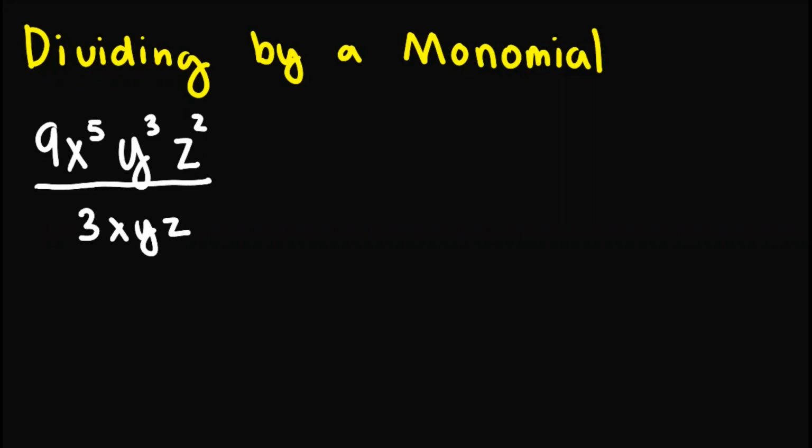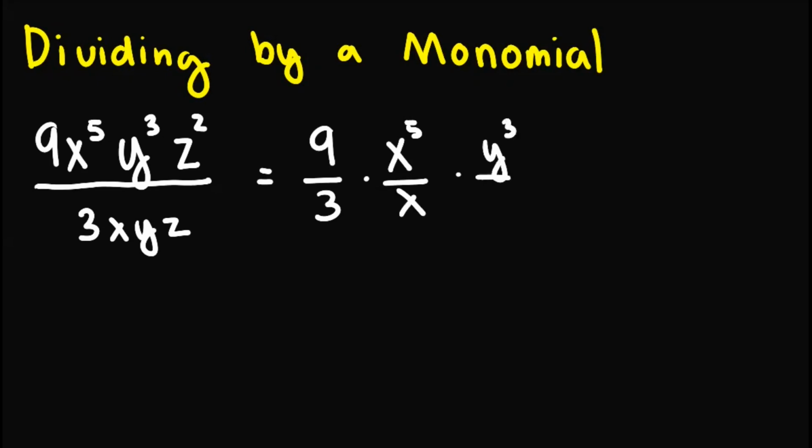For this one, the key is to simply apply the laws of exponents. So first, note that we can write this as 9 over 3 times x raised to 5 over x times y cubed over y times z squared over z.